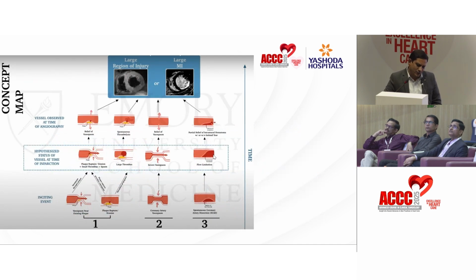So conceptually, if you see these three types of presentations: there may be vasospasm, there may be plaque rupture with formation of a small thrombus initially, or in addition to that there may be vasospasm.